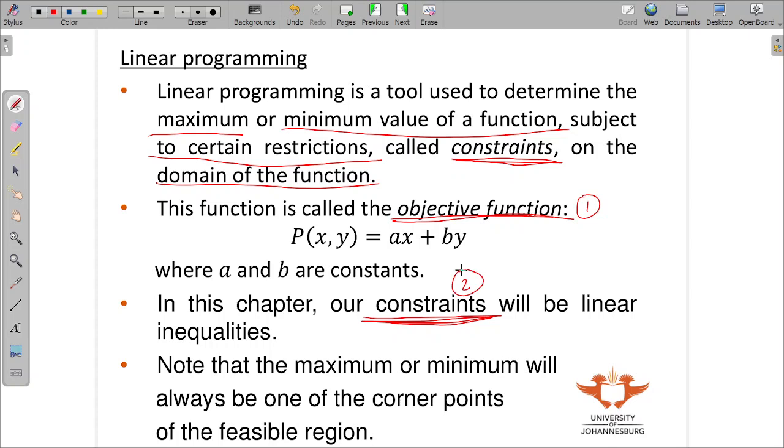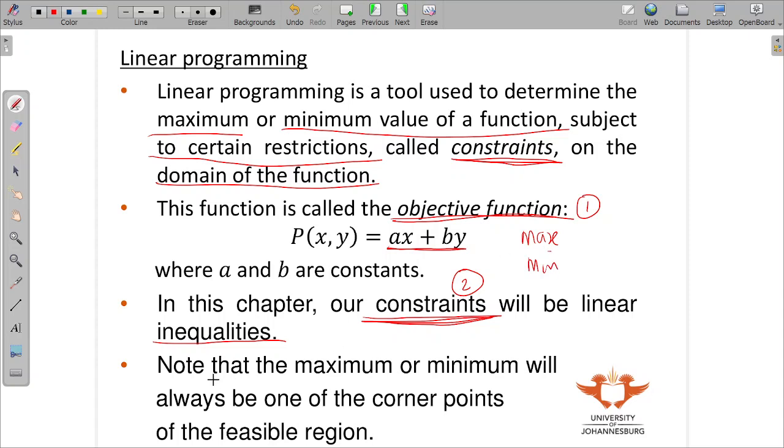The constraints are the linear inequalities we were able to draw the graph for previously. So we are going to be using that knowledge for the constraints, and then determining from our graph what will be the values of x and y to make this objective function maximum or minimum.